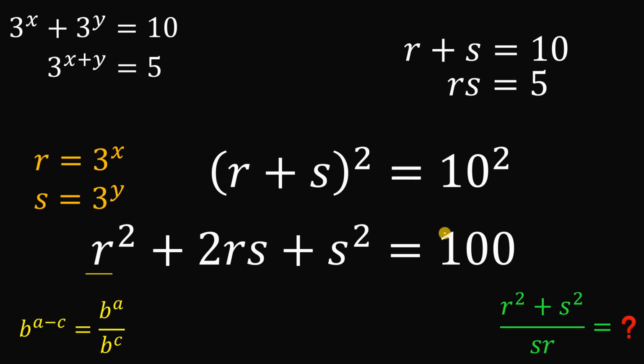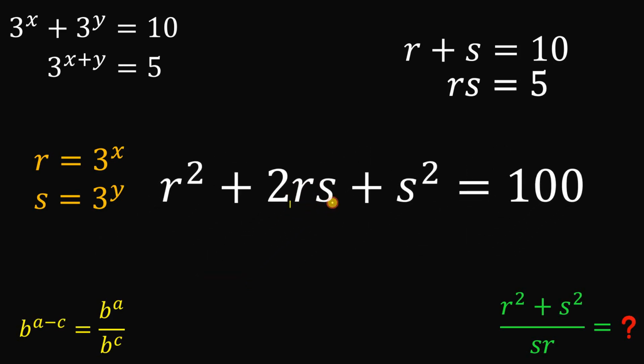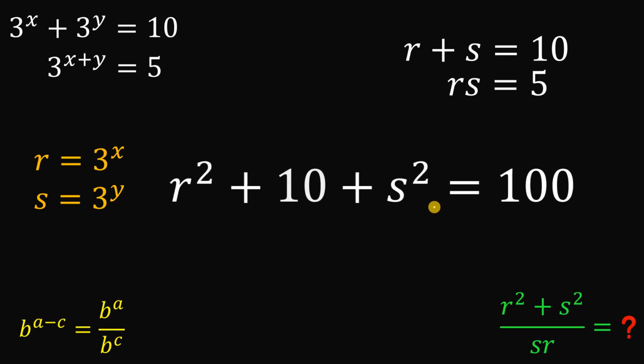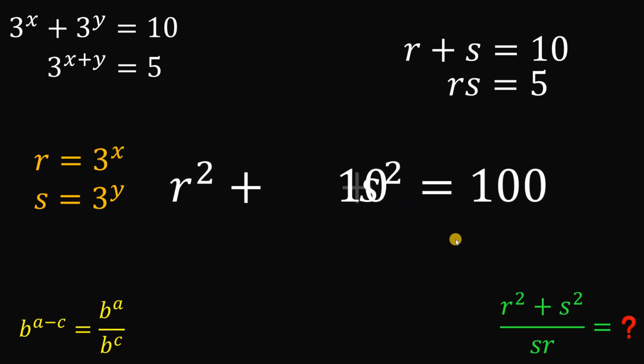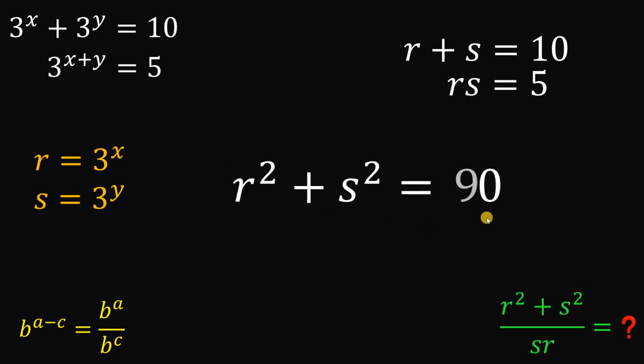This is what we want to find, equals 10 squared, or simply 100. Now from here, let's focus on this because we know the value of r times s. This is just 5, so we can replace this with 5. Now 2 times 5 is 10. Now to get the value of r squared plus s squared, subtract 10 on both sides. Thus, r squared plus s squared equals 90, or 100 minus 10.